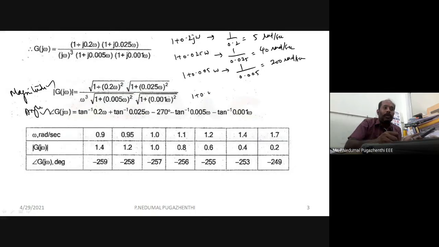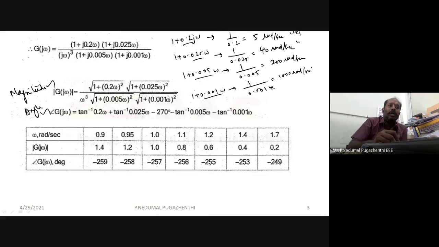Then 1 plus 0.001 omega, which will provide 1 by 0.001, which is equal to 1000 radians per second. So these are all the time constants: 0.2, 0.25, 0.05, 0.005, 0.001, and these are all my corner frequencies.